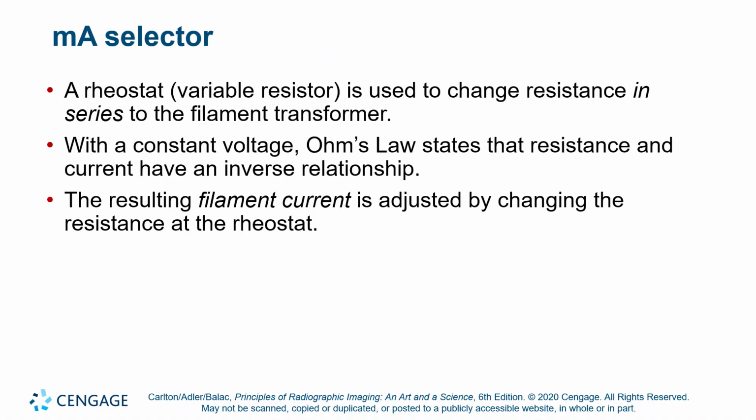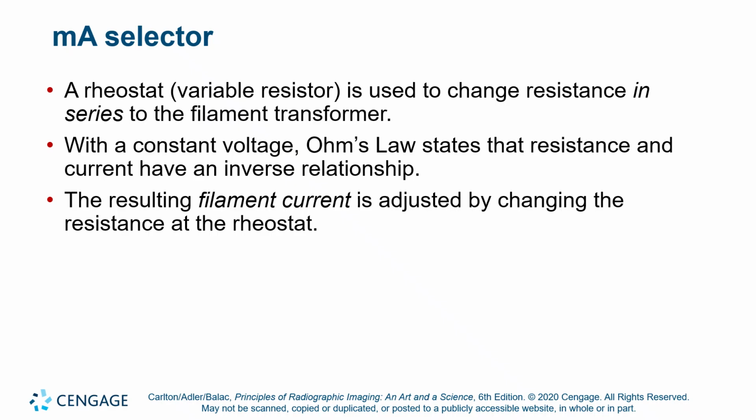All right. So the rheostat, the variable resistor that I explained to you before, is used to change resistance in series to the filament transformer. With a constant voltage, Ohm's law states that resistance and current have an inverse relationship. So if the voltage is always 12 and I increase the resistance, the current has to decrease.